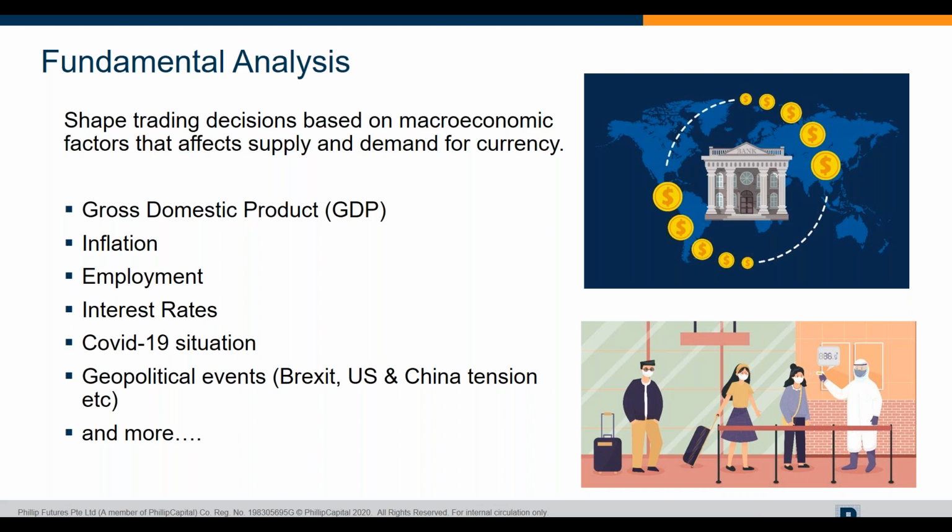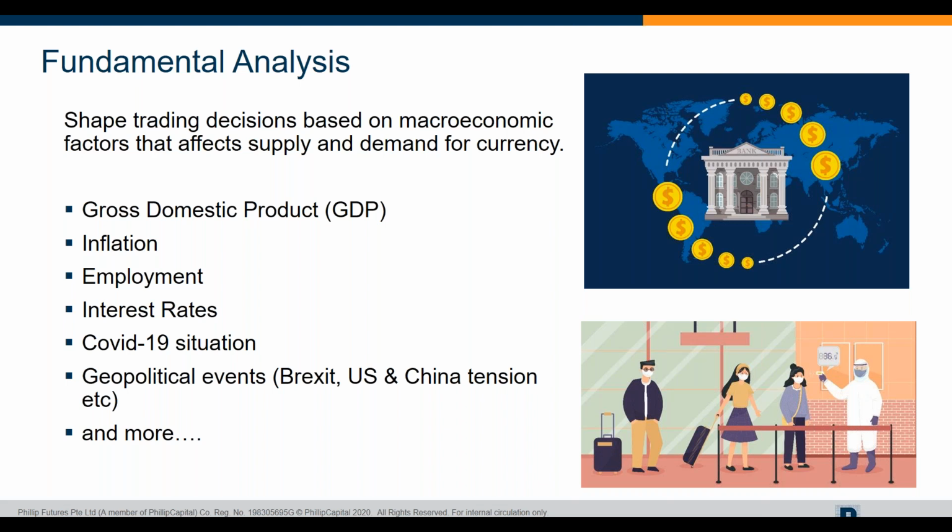Fundamental analysis allows us to shape trading decisions based on the macroeconomic factors that affect the supply and demand for the currencies. So this is really basically looking at news to judge how different factors will affect currency. The things that people watch out for, for example, are the GDP, inflation, employment, interest rates, the COVID-19 situation, and geopolitical events.